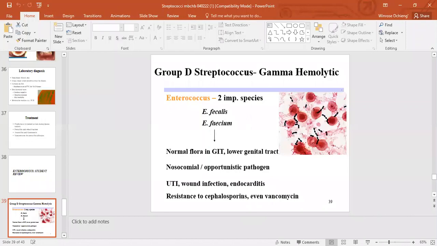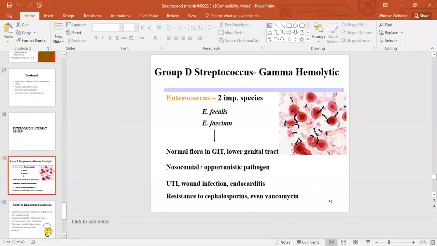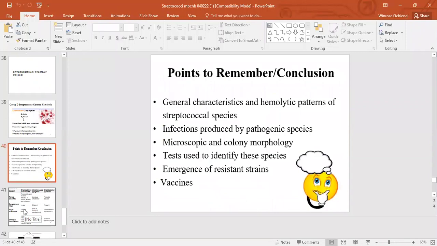So we are worried now because of Enterococcus, more so with nosocomial infection and as an opportunistic pathogen. So what are the points to remember?